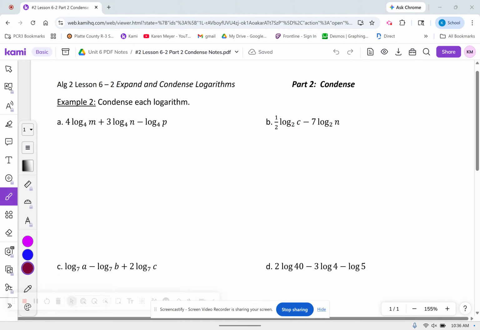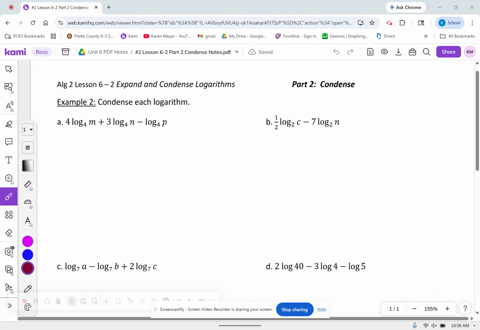So remember, if there are any numbers in front, they get to be moved up as a power. And if you see any addition sign, you will change that to multiplication. And if you see a subtraction sign, you will change that to division.